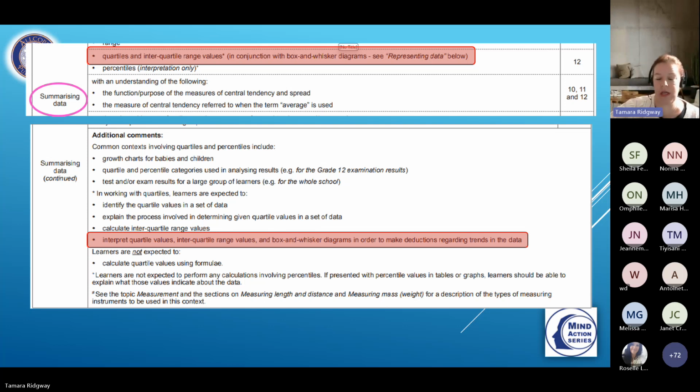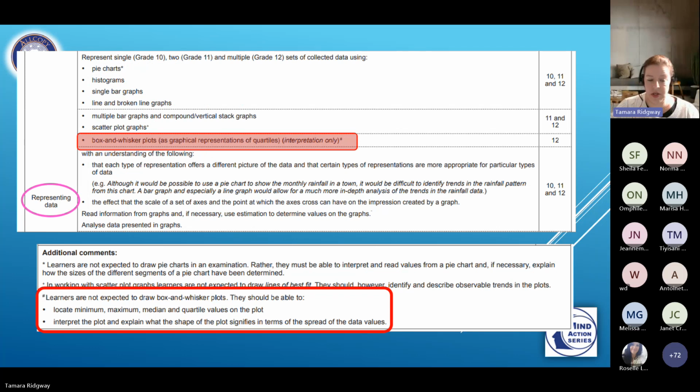So a thinking level 4 question would be if you were asking for their opinion on trends or to predict trends. That would be a reasoning and reflecting kind of question. We can also see it under representing data. How do we represent data?